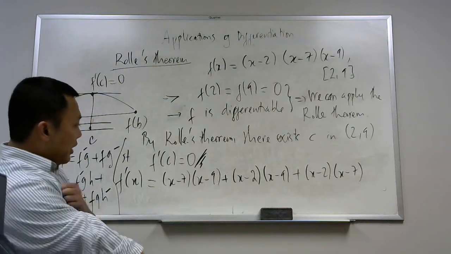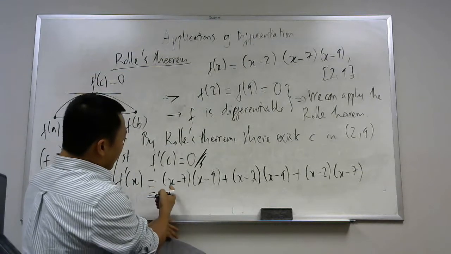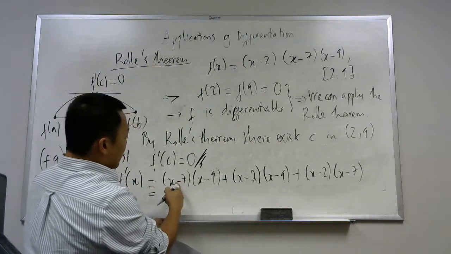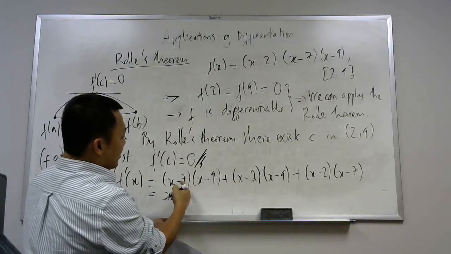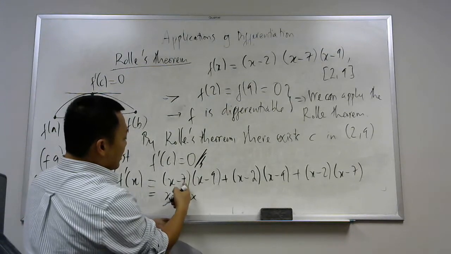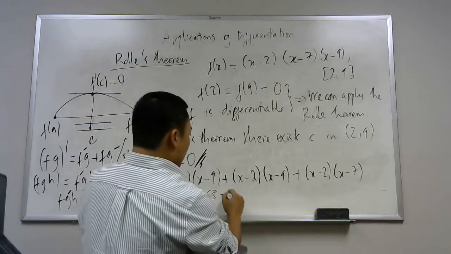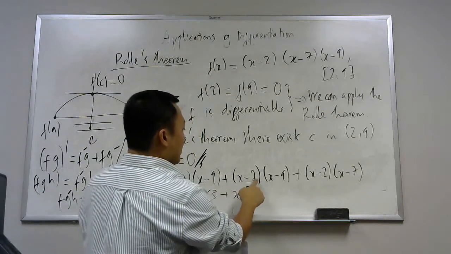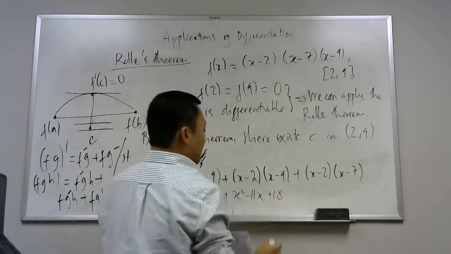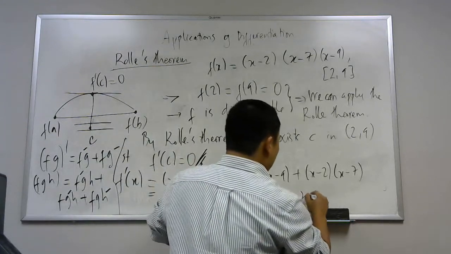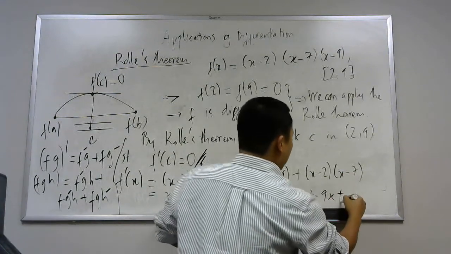And now we have to distribute everything, right? So let me write that. First, x squared, so I have x squared in here. Here I have x with negative 9 and negative 7, so I have negative 16x. In this case, 7 times 9 is 63. The second one, I have x squared, negative 2 and negative 9 is negative 11x, and then 2 times 9 is 18. Plus x squared again, negative 2 and negative 7 is negative 9x, and then plus 14.